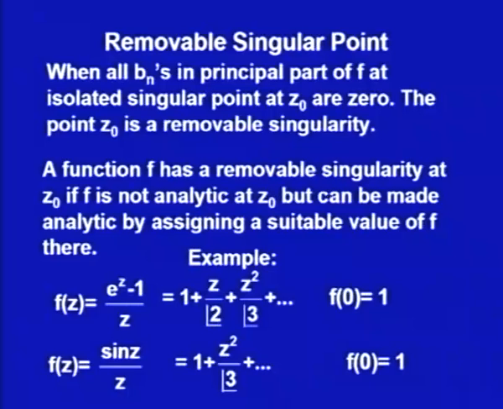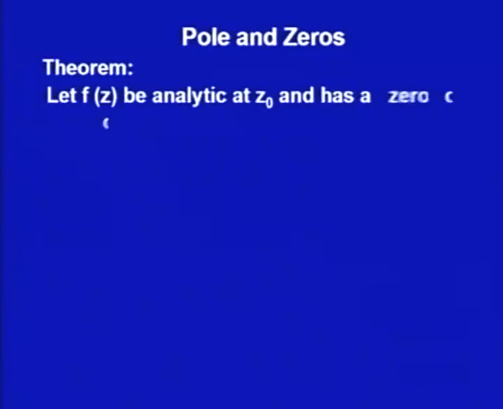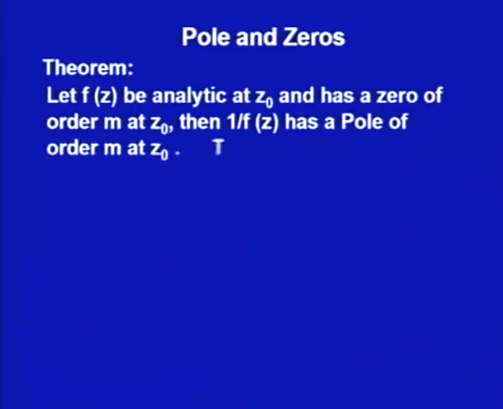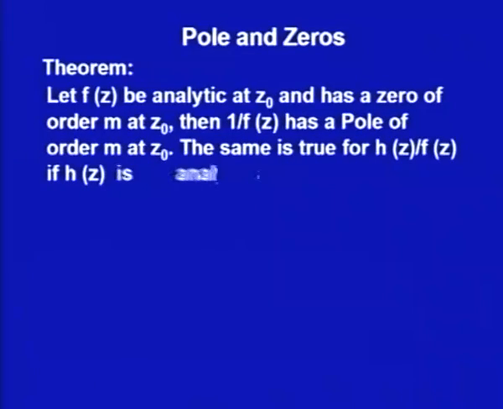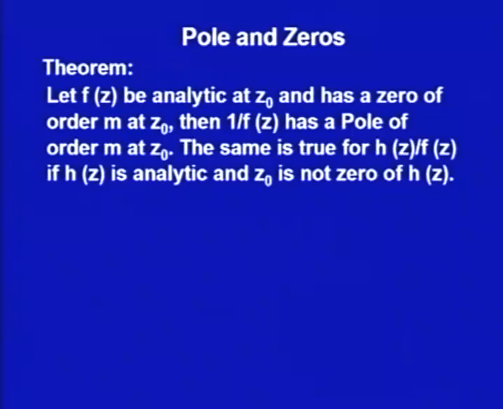So, now let us move to one more result where we would relate the zeros and the poles for a function, if the function can be written as the rational of two functions, poles and zeros. The result says: if f(z) is analytic at z naught and has a 0 of order m at z naught, then 1 upon f(z) has a pole of order m at z naught, and the same is true for h(z) upon f(z) if h(z) is analytic and z naught is not a 0 of h(z).